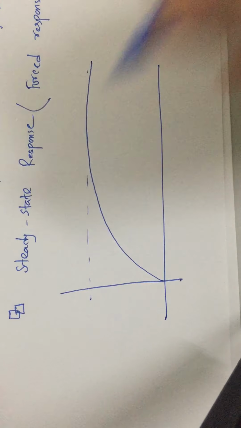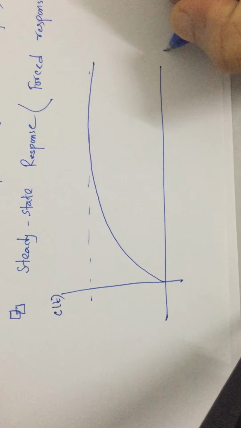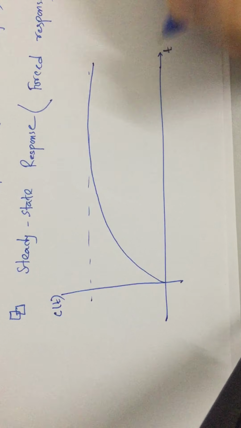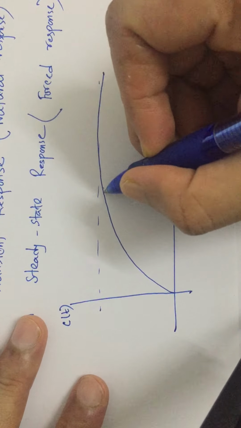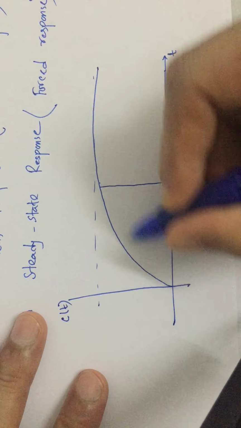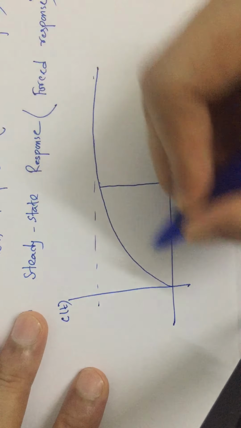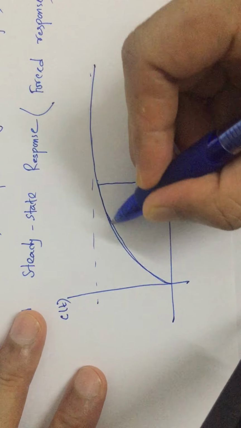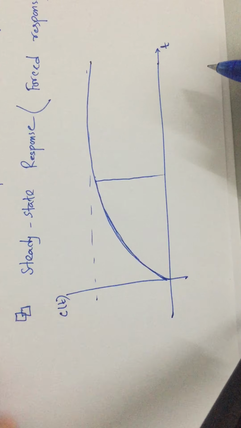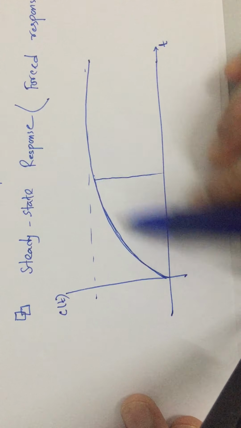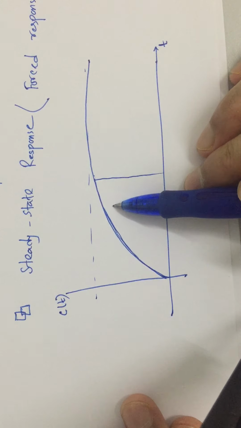This is our c(t), our output response, and this is our time. We can see that until here, with the increase of time, the response is changing.